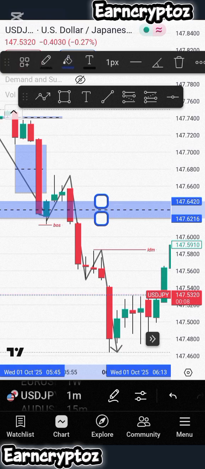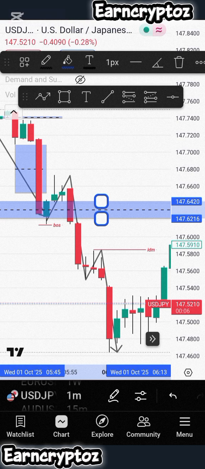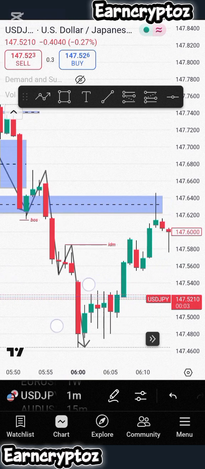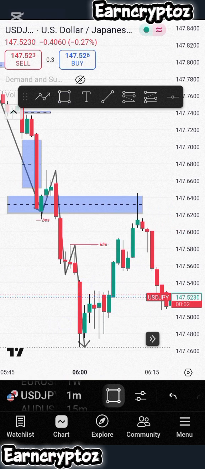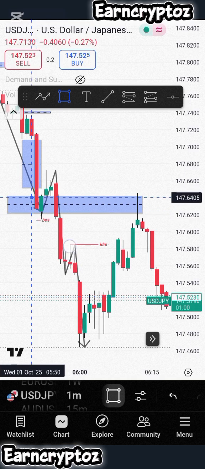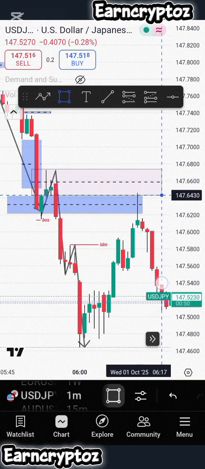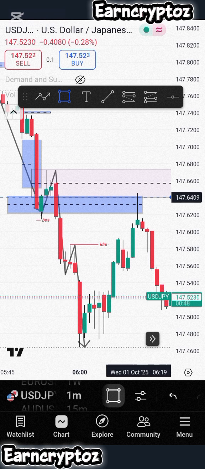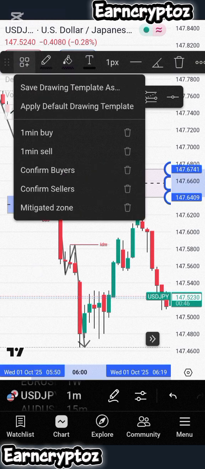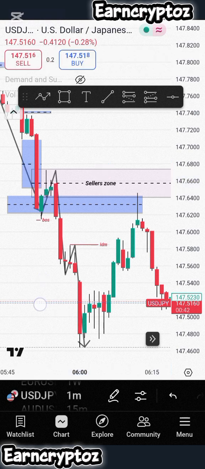We have fair value gap, which is also one of the conditions. So that is a POI. From the top of that move to where the fair value gap is, that is a POI.